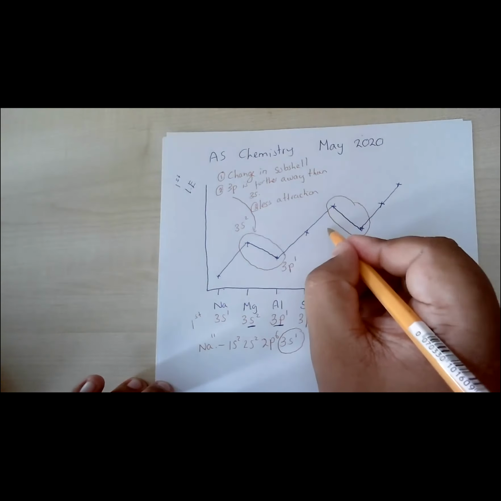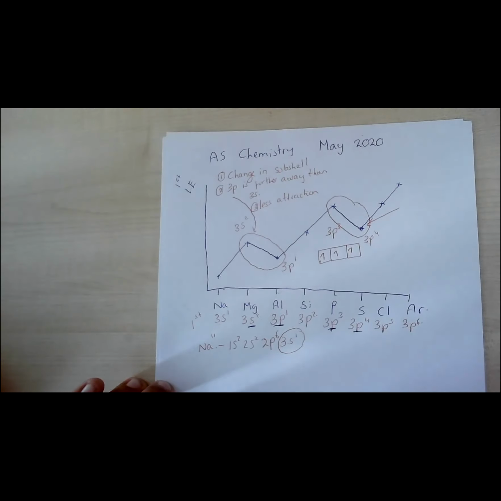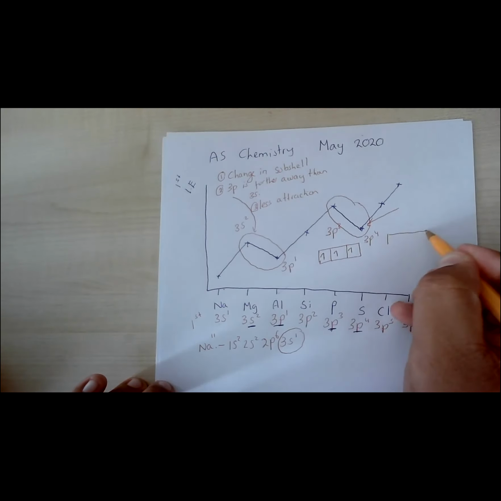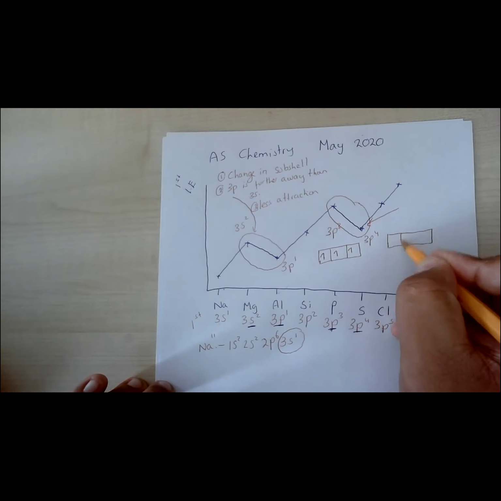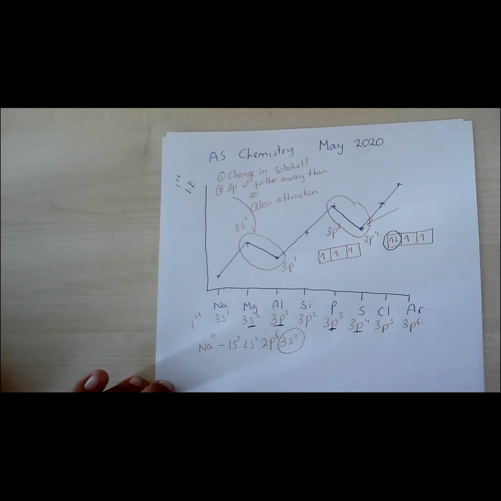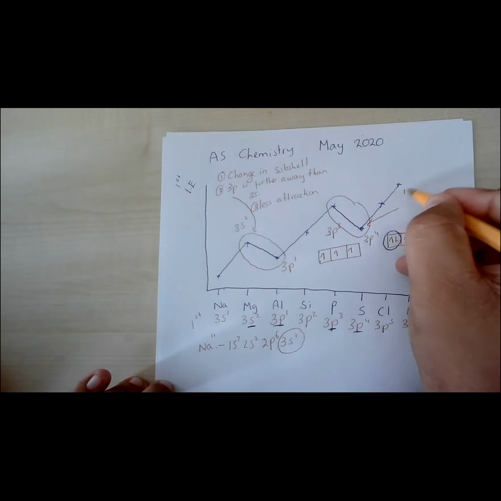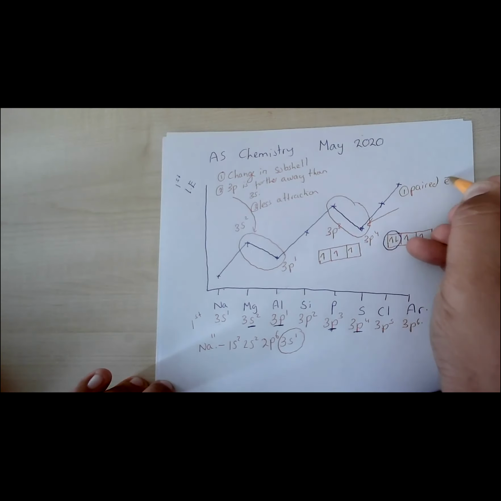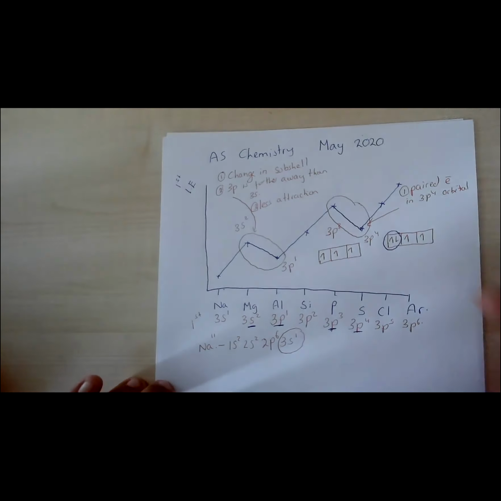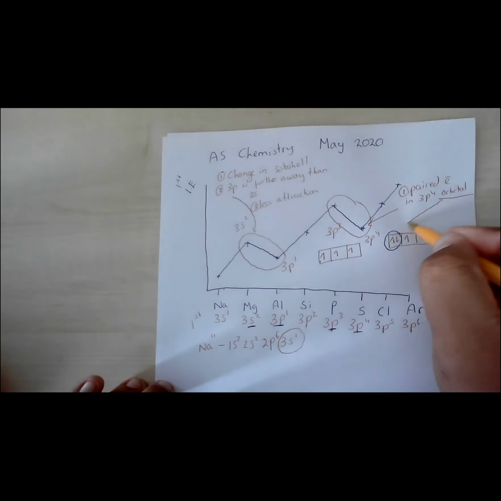If you draw out 3p3 in box notation, you show there's one electron in each orbital, whereas in the case of 3p4, there will be 1, 2, 3, 4, so one of the orbitals has a paired electron. An orbital represents one box.